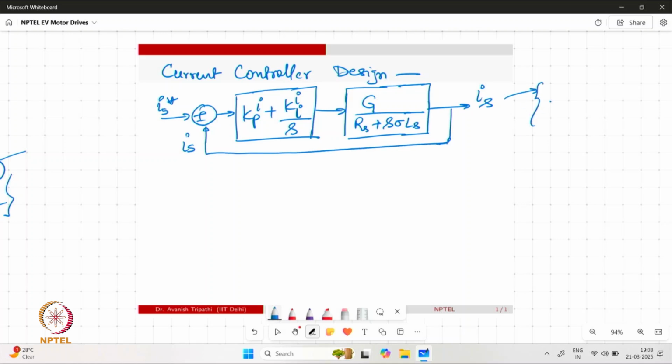Now this may either be Isd or Isq. The design is going to be the same for both.